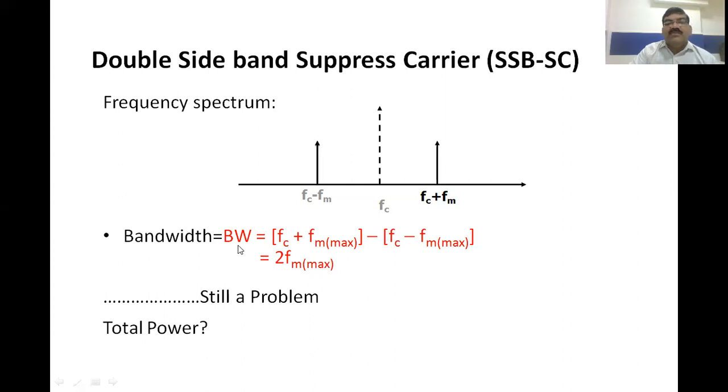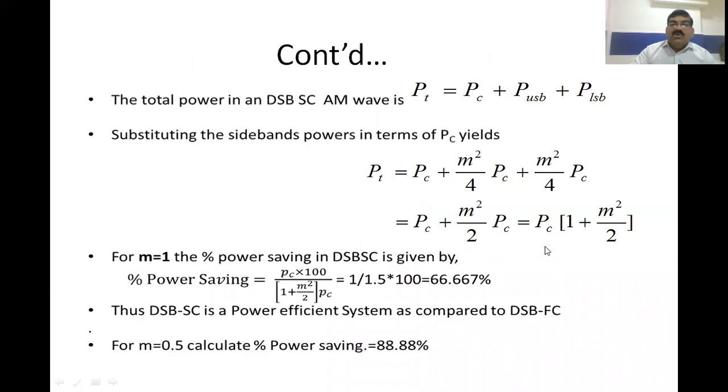So what is the bandwidth? The bandwidth remains the same, FC plus FM and FC minus FM, because you are sending both sidebands. So the problem is still there, because you cannot optimize the bandwidth. You suppress the carrier, but you are still sending both bands. So what to do?